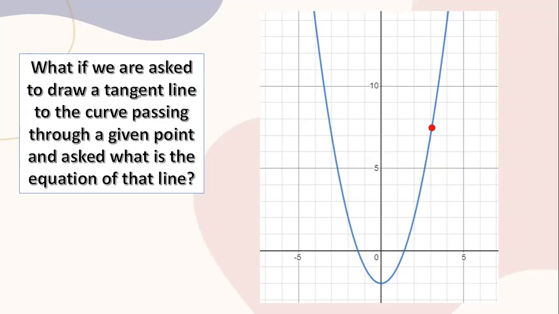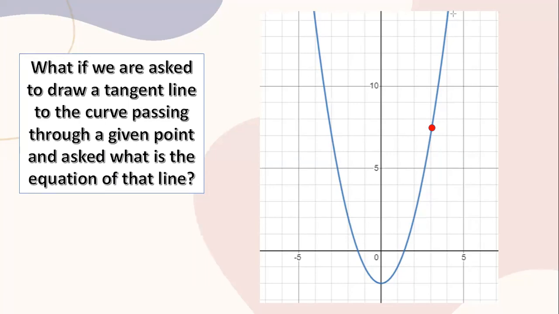Okay, so now my question is, what if we are asked to draw a tangent line passing to the curve, or to the curve, tangent line to the curve passing through a given point, and ask what is the equation of that line? So for example, this curve or this parabola, okay, so may given tayo na point. Okay, gusto ko mag-drawing kayo ng tangent line na passing through this point.